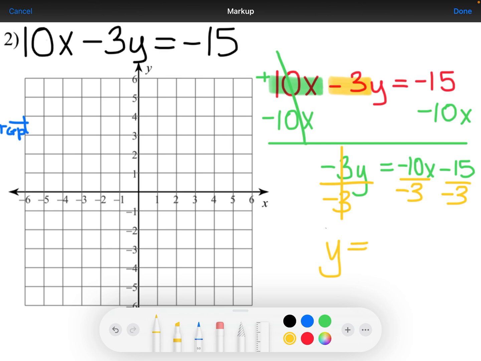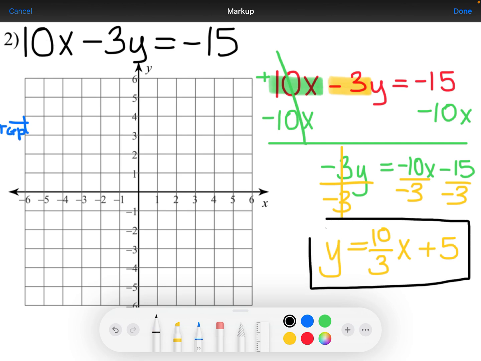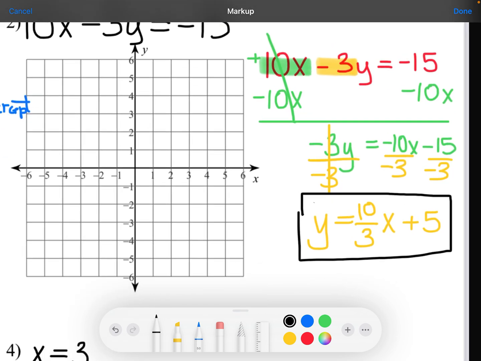I want to start with the numbers, -10 and -3. Negative divided by negative is a positive, and 10/3 cannot be simplified, so we're going to leave it as 10/3. Bring down the x. Now I have -15 over -3, which is a +5. From here, I can classify my slope and my y-intercept. The slope is 10/3.